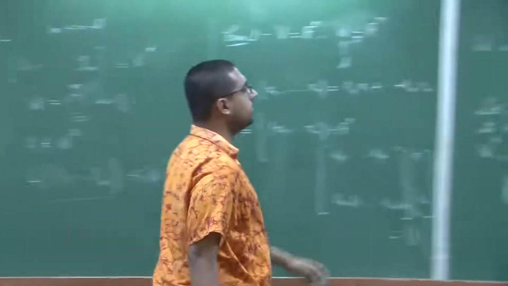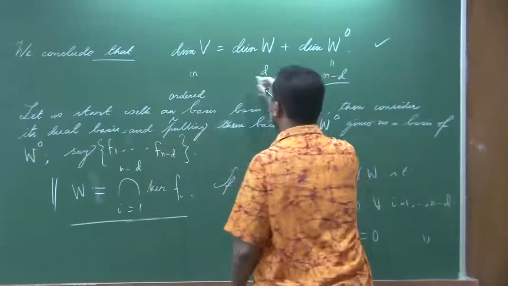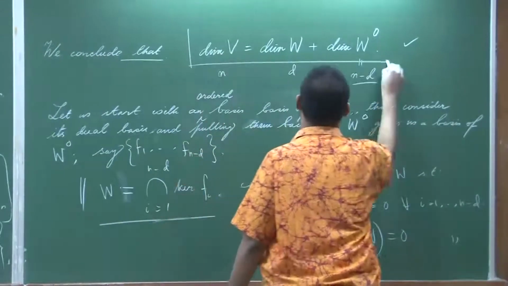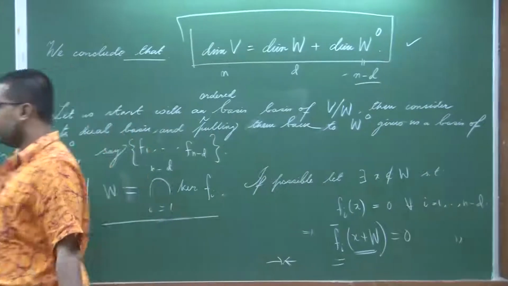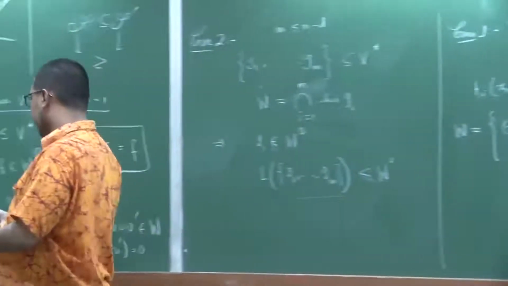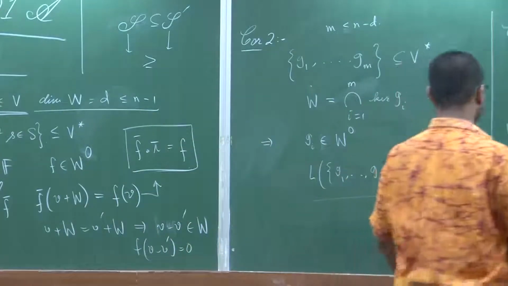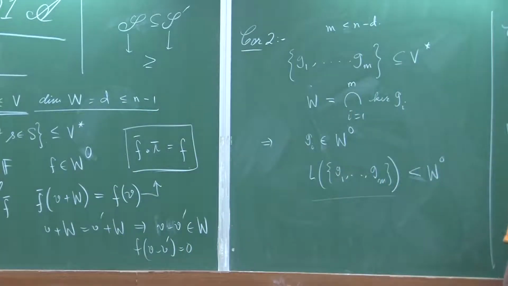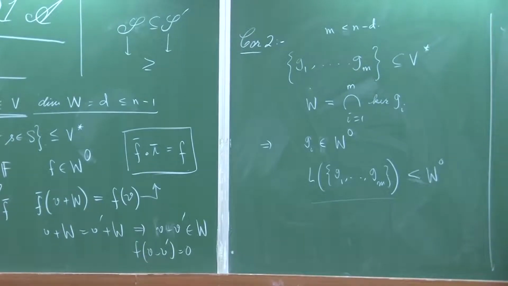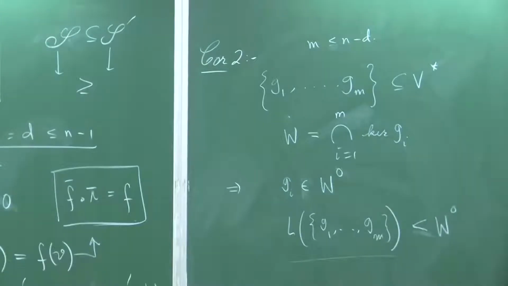The main challenge is that you have to use this dimension formula, which will tell you how to do it. I have almost given the argument, maybe some further inclusion is to be shown, and that will follow from there. I leave the rest to you. My point is that this is something optimal.